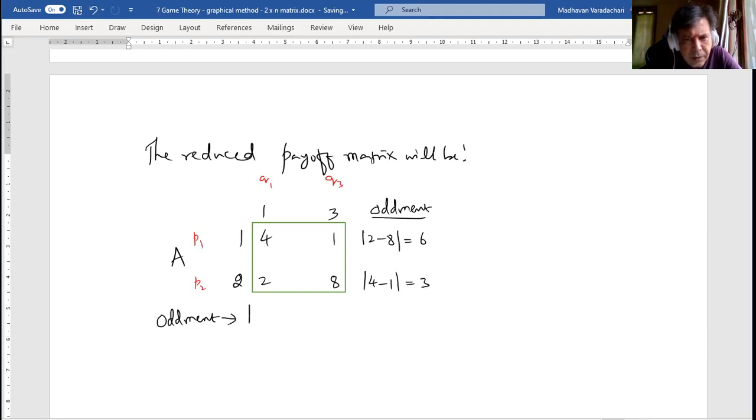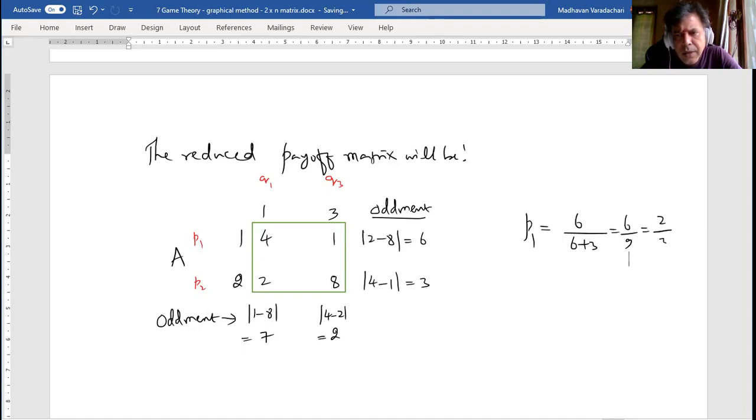Here it is 1 minus 8, which is 7. Here it is 4 minus 2, which is 2. So now we can find out P1. P1 is the corresponding oddment, 6, divided by sum of the row oddments, 6 plus 3. So it is 6 by 9, which is 2 by 3. That means P2 is 1 minus P1, which is 1 minus 2 by 3, which is 1 by 3.